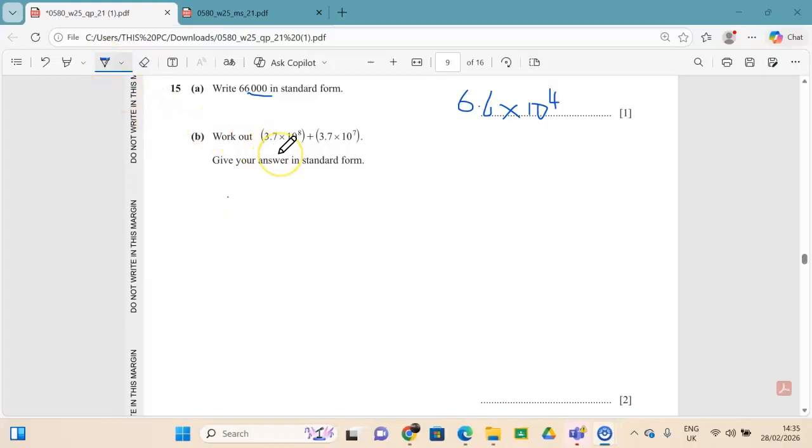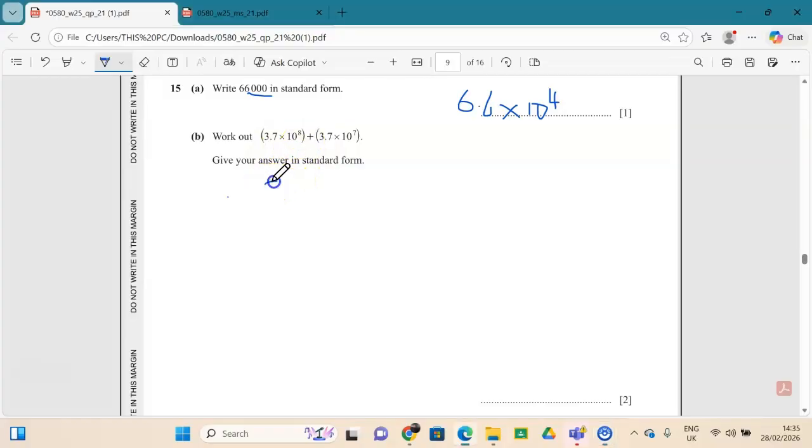And B. Now in this question B, it doesn't really matter the approach you use. You just have to use something that will be very easy for you. I can decide to change both to ordinary numbers. If I change 3.7 times 10 raised to the power of 8, I'm just going to have 3, 7, and the zeros will be short by 1, so 7 zeros. 1, 2, 3, 4, 5, 6, 7.